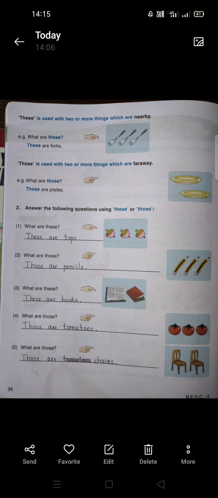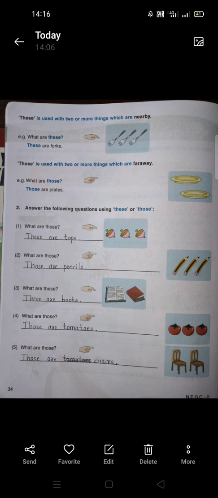So students, you have to learn the difference between this and these. These both words are different. So today we have learned how to observe the picture and how to make sentences on that, and we have learned what is this, that, these and those, and when we are going to use them.